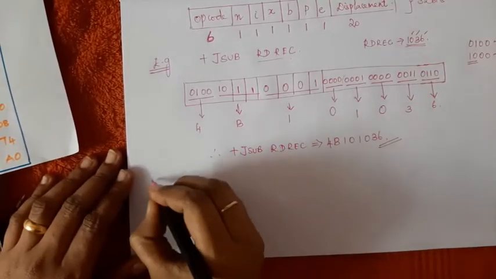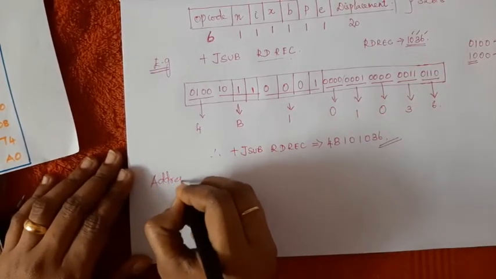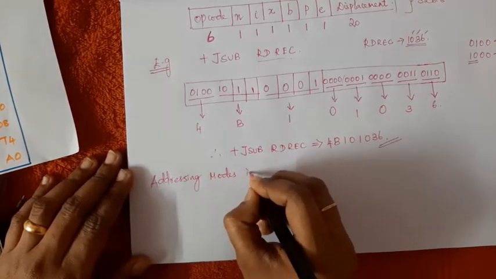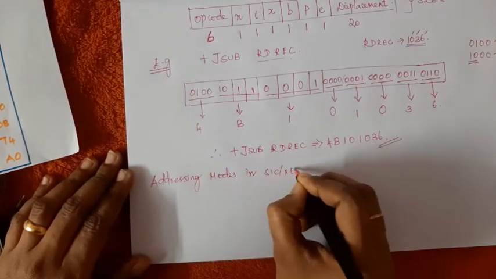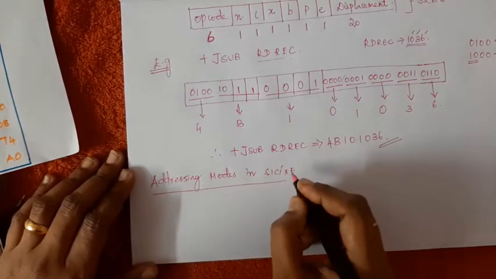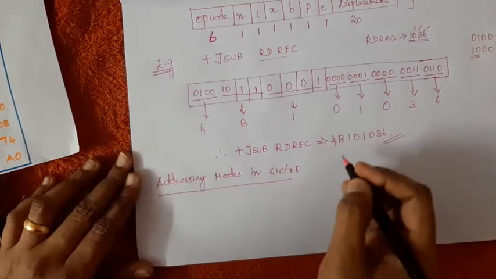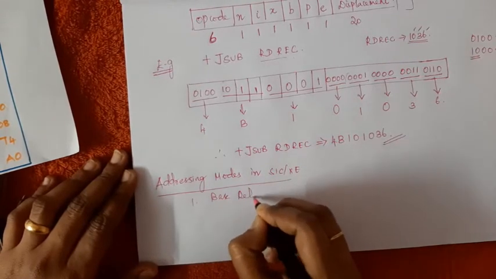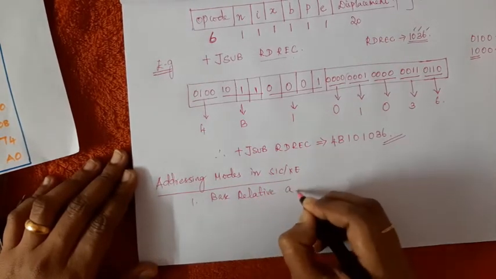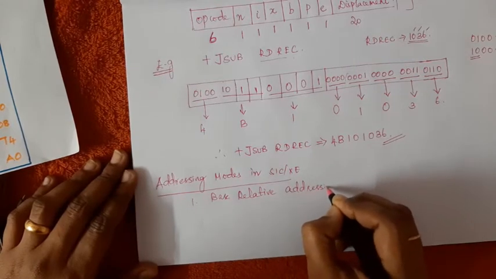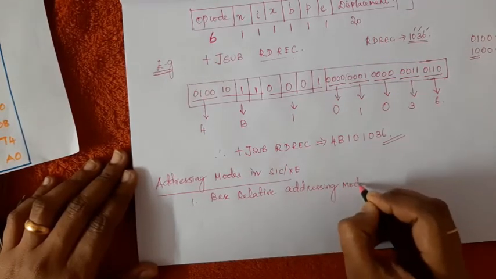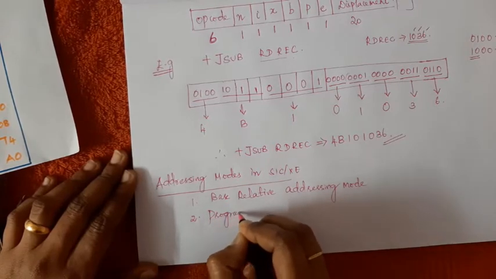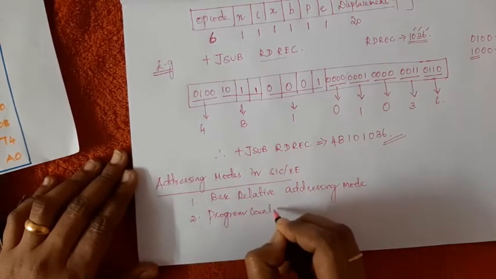Now we'll see addressing modes. Okay. Addressing modes in SIC XE. Okay. So we have two new relative addressing modes. One is base relative addressing mode. The second one is program counter relative addressing mode.